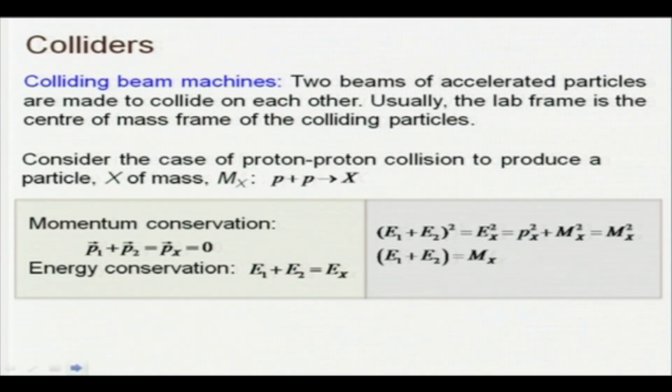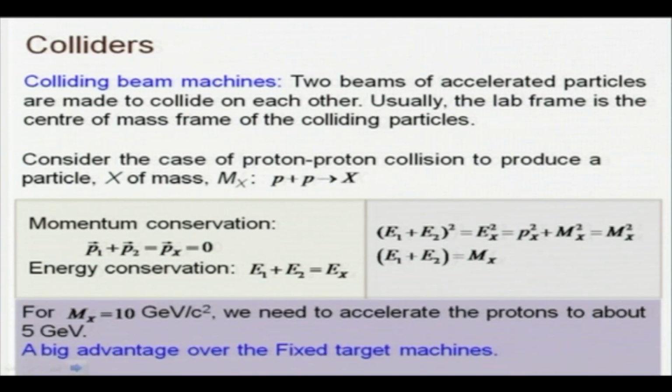So we have E1 plus E2 equal to Mx. To produce a particle of mass Mx equal to 10 GeV, similar to the earlier case, we need to accelerate the protons to about 5 GeV each, because Mx is now equal to E1 plus E2.